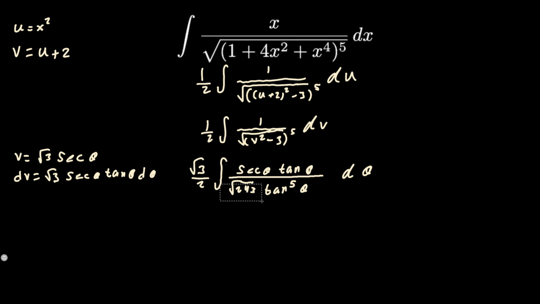And we're going to bring this out to the front, which will be 2 root 243, which will just be 1 over 18.